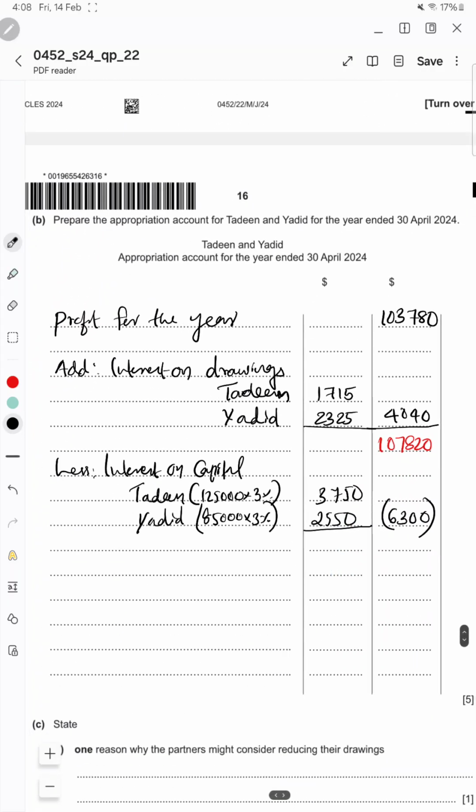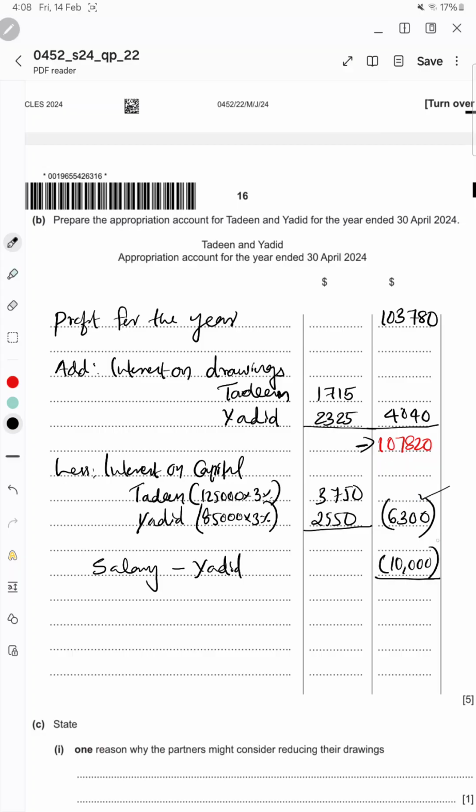Then we have one more item, salary for Yadid. So less salary to Yadid: 10,000. That also should be deducted. Now check the residual profit. This is the amount we got after adding the interest on drawings.